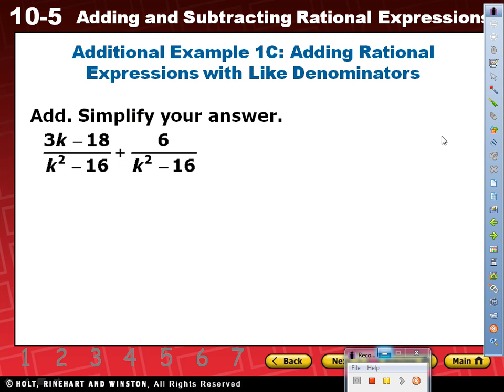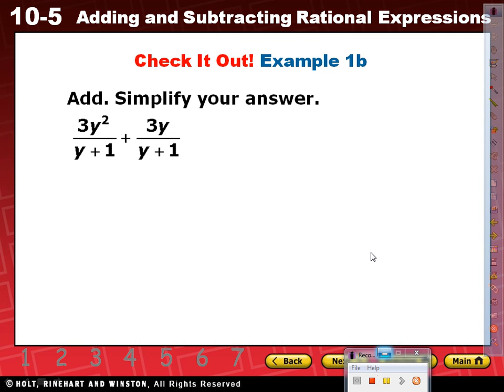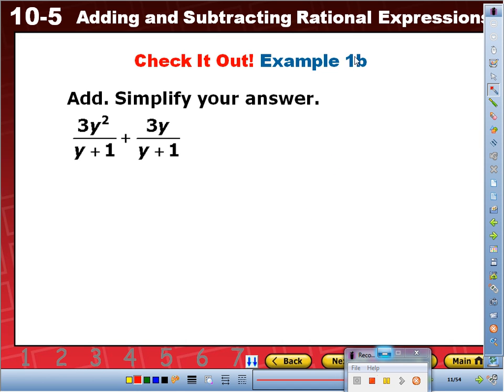Okay. Here we go. Copy this one, please. Example 1D. This is 1D.